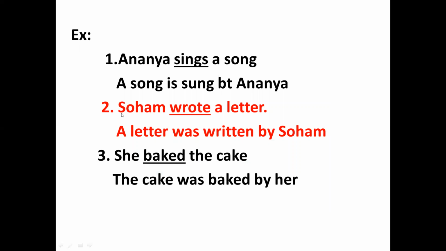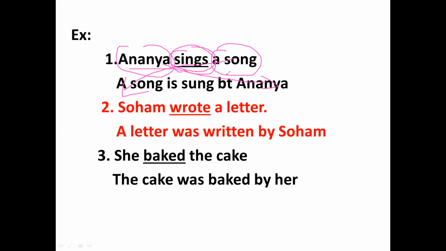Ananya is a subject, sings is a present tense verb, and a song is an object. The subject becomes the object, and a song becomes the subject, and because it is present tense we use the be form is, and the verb 3 form sung.